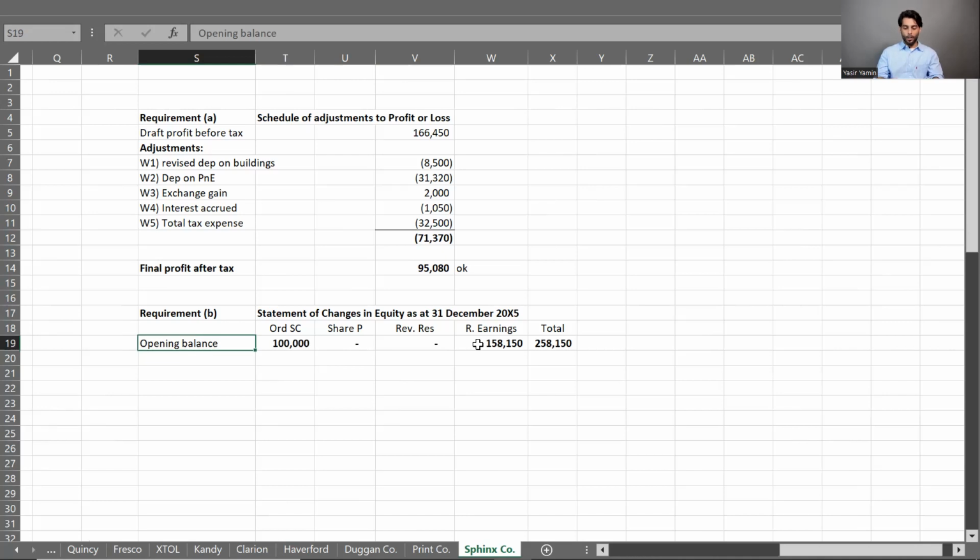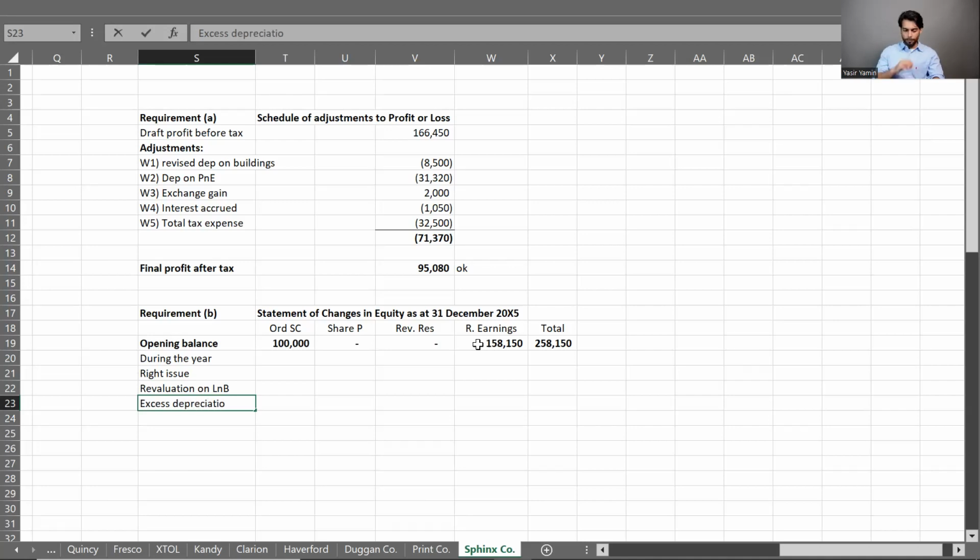Now, during the year, we made a rights issue, I remember. During the year, we revalued our assets, revaluation on land and buildings. There was some excess depreciation too, if you remember it correctly.